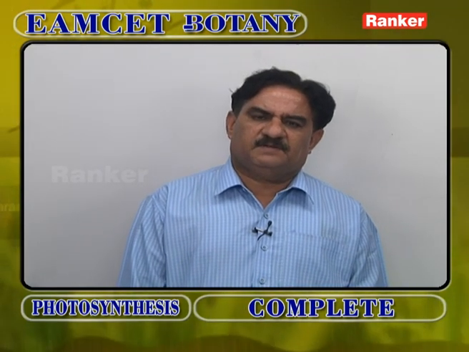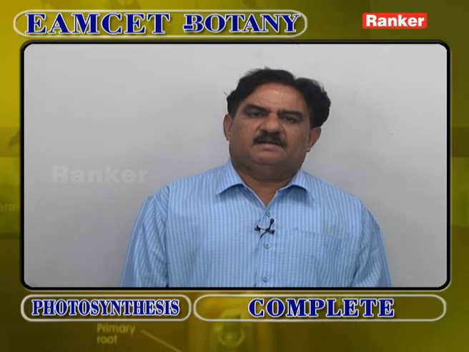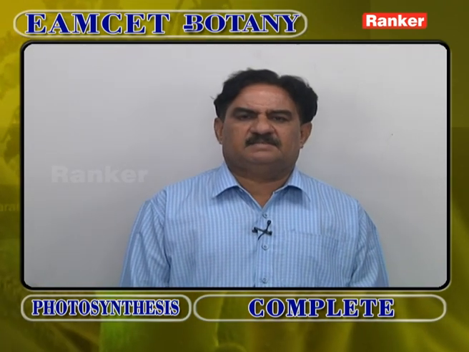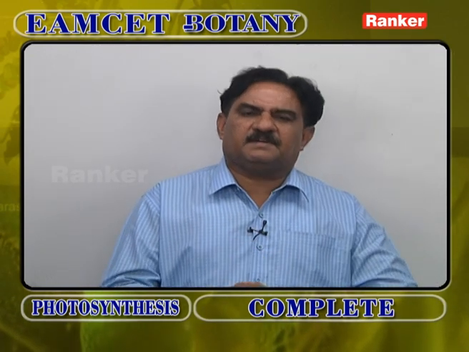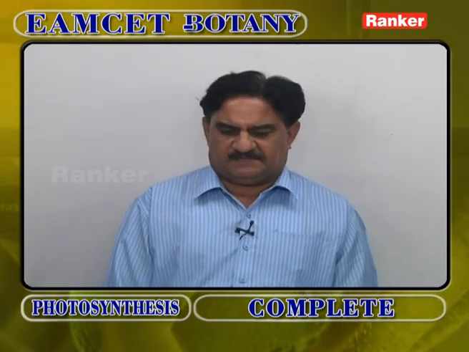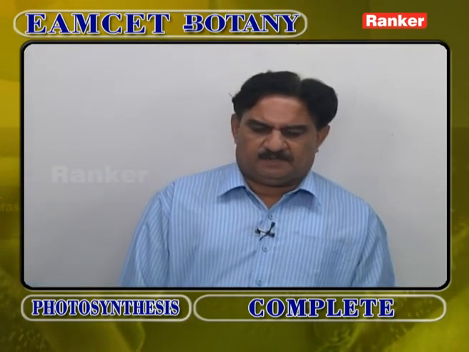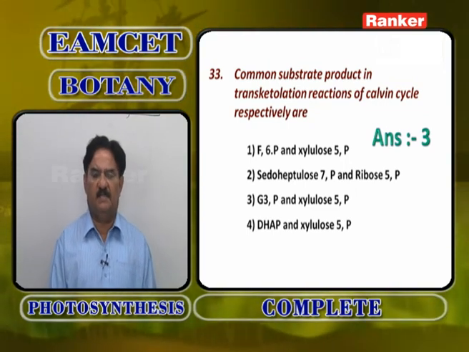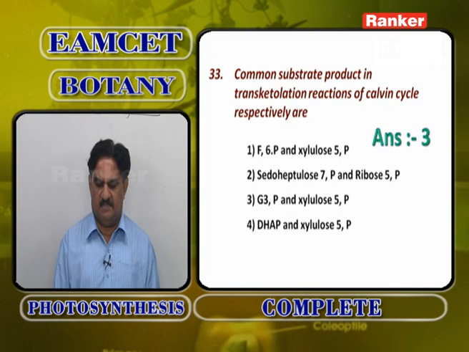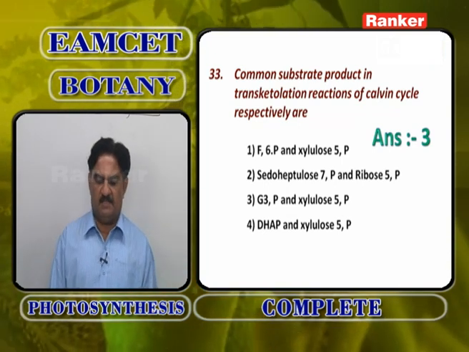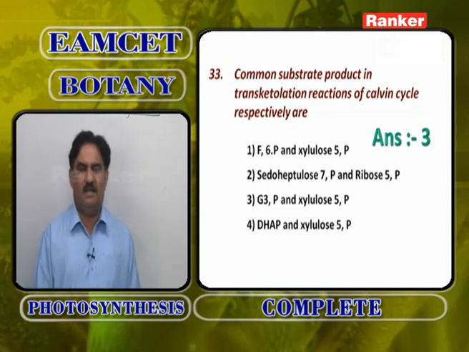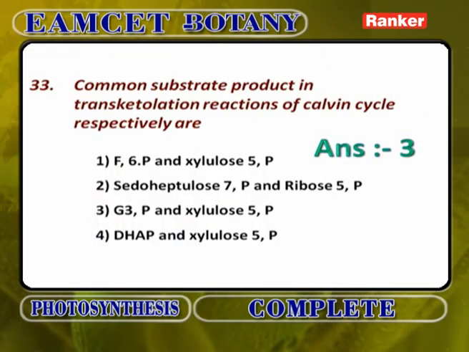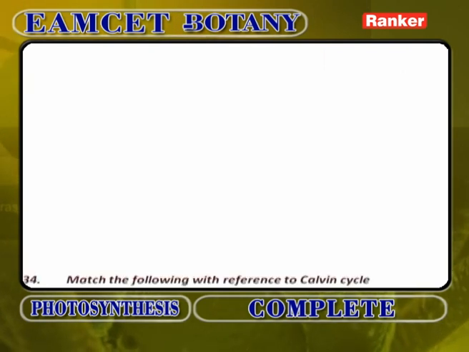Again, when sedoheptulose 7-phosphate combines with glyceraldehyde 3-phosphate by transketolase, xylulose 5-phosphate and ribose 5-phosphate are formed. So fructose 6-phosphate and xylulose 5-phosphate is wrong. Sedoheptulose 7-phosphate and ribose 5-phosphate is wrong. Glyceraldehyde 3-phosphate is the substrate, xylulose 5-phosphate is the product. DiHAP and xylulose 5-phosphate is wrong. So the third option is correct.